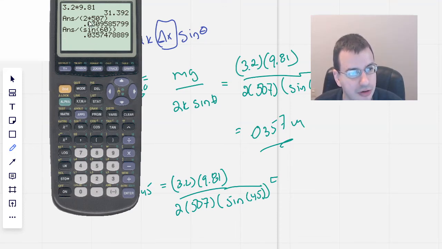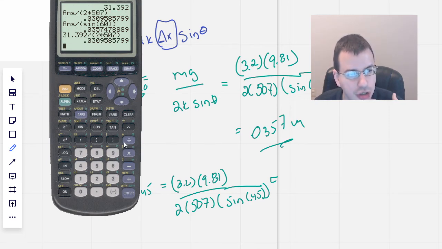Let's put it in the calculator again. We have 3.2 times 9.81, that's 31.392, divided by the quantity 2 times 507, and then divide by the sine of 45.